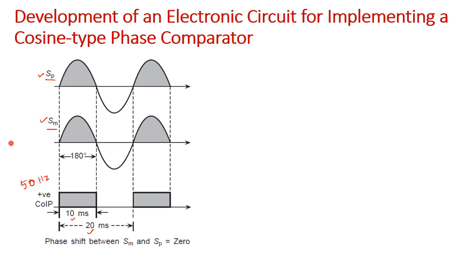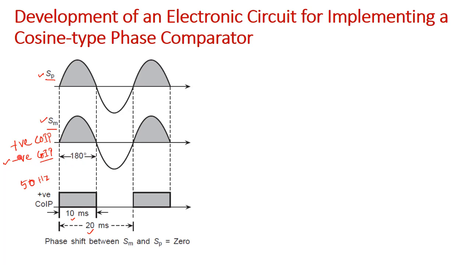Either we will see the positive coincidence period or the negative coincidence period. What is the positive coincidence period? It is the period of coincidence when both signals are in the positive cycle only. Similarly, the negative coincidence period is the coincidence period between the two waveforms in the negative half cycle.